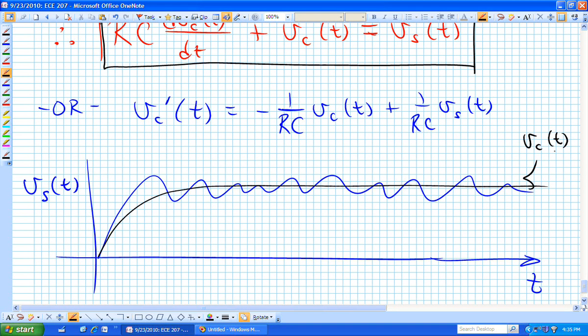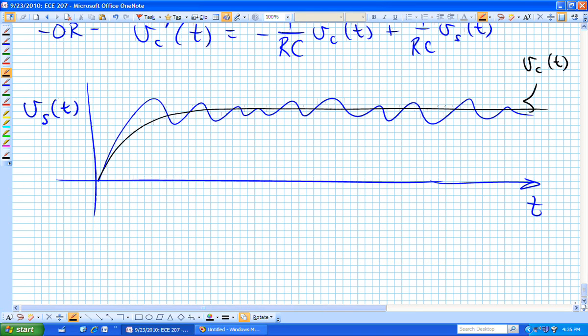So as a design exercise, you might be asked to design that low-pass filter. And RC is actually the time constant of that low-pass filter. I'm getting a little bit ahead of ourselves, but I wanted to motivate you. I'm giving you this so that you understand some of these terms and concepts.